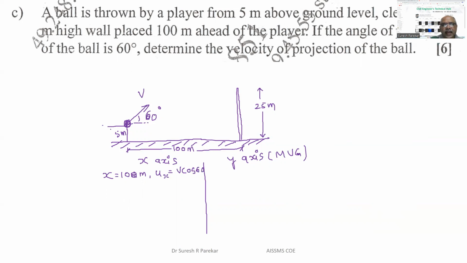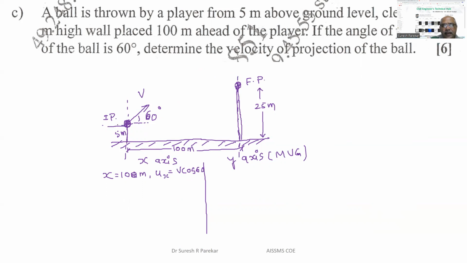Now in the y direction, try to understand, this is the initial position. This is the final position. Now how will we get x? A vertical line from initial, a vertical line from final, and then we have 100 meters.